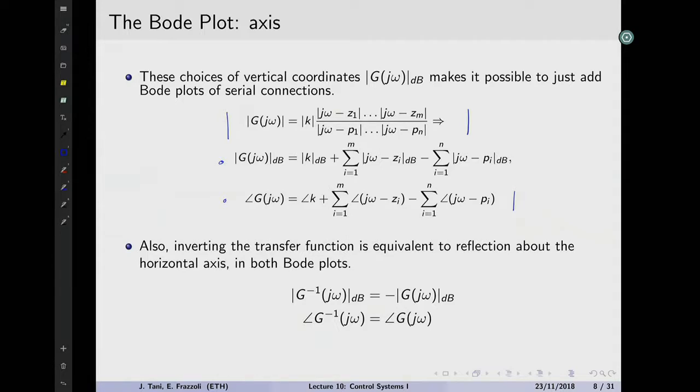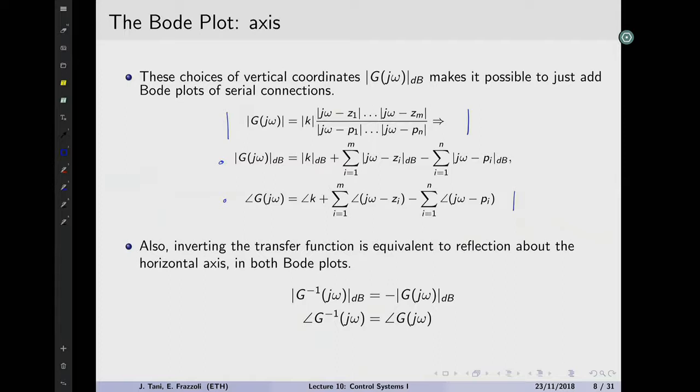So by putting these things together, we will see that Bode plots allow us to do something very nice, which is focus only on one of the factors at a time. And once we figure out what the magnitudes and phases are of each of these possible factors that we can find at the numerator or denominator of frequency responses, then the most complex cases can just be reduced to a sum of the simpler ones. And we'll see some examples of this today.